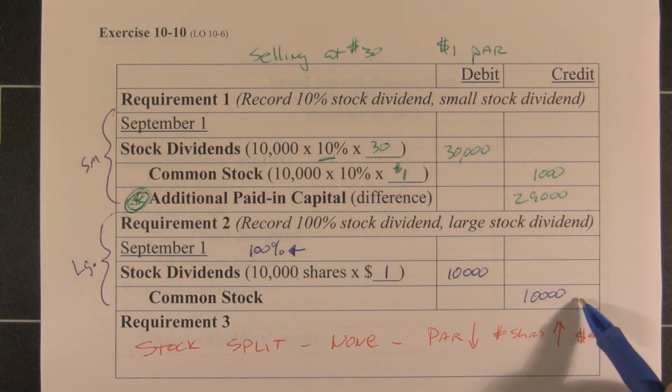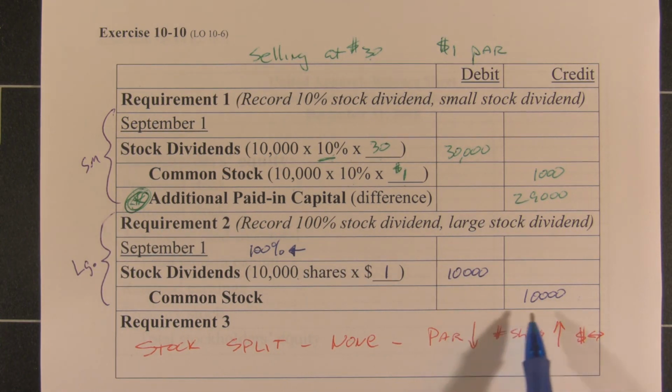And they want to make sure that if it's a large stock dividend where people could be tricked, not diluted as in watered down, they want to make the impact as small as possible. So large stock dividends are always done at par, only at par, no additional paid-in capital.